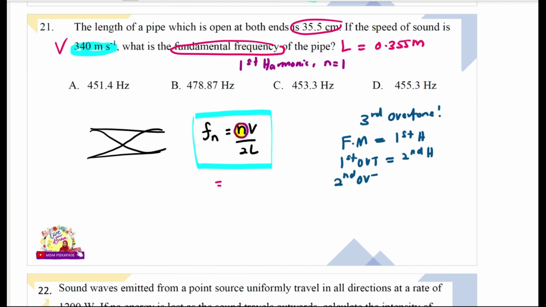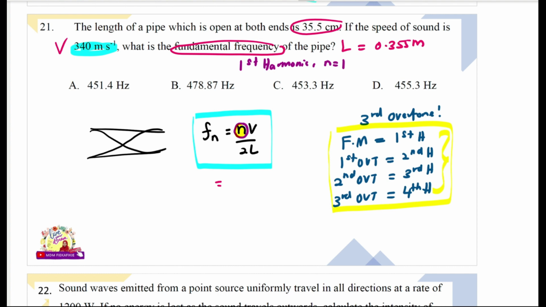Second overtone bersamaan dengan third harmonic. Kalau soalan tanya, third overtone dia bersamaan dengan fourth harmonic. Okay, ini untuk open pipe dan juga string sama ini. Okay, tapi untuk closed pipe, you better check dia berbeza. Okay, the number of harmonics hanya melibatkan odd number sahaja.